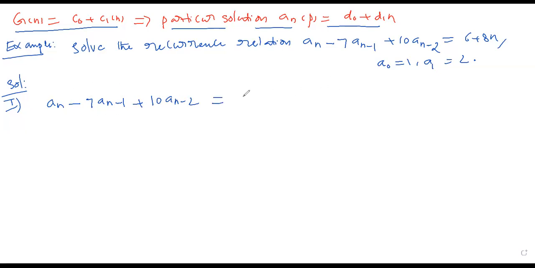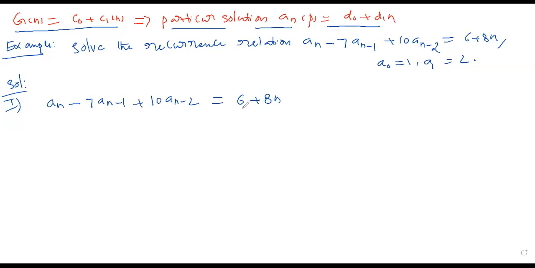The right side is the constant 6 plus 8n. So don't write any a term on the right side.